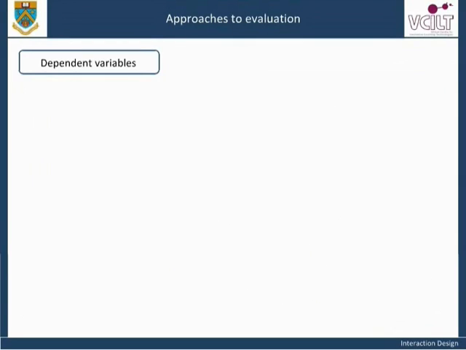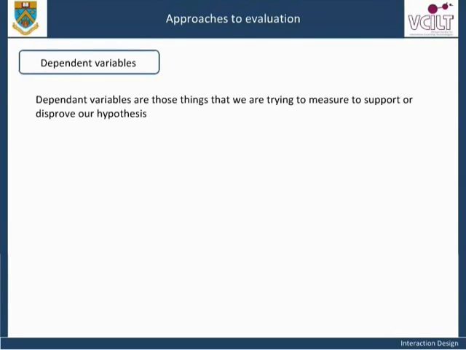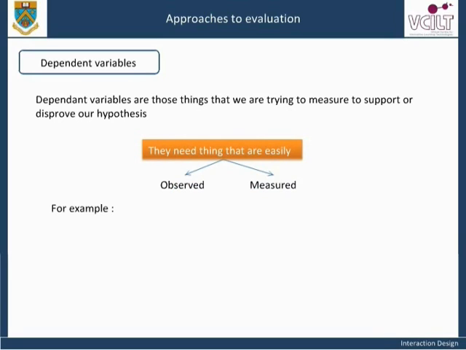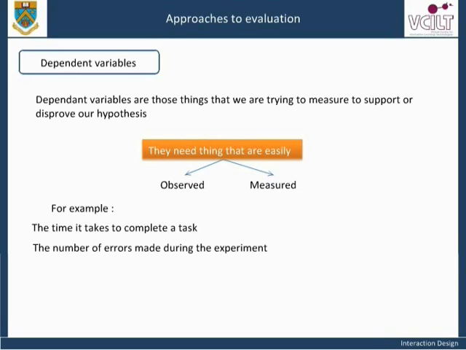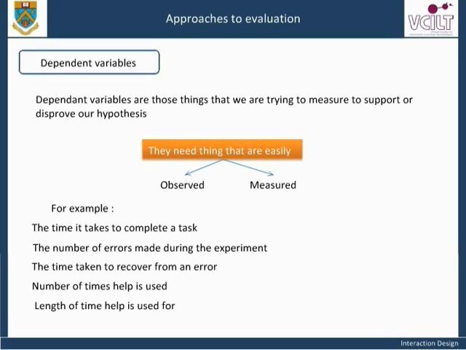Dependent variables. Dependent variables are those things that we are trying to measure to support or disprove our hypothesis. Therefore, they need to be things that are easily observed and measured, for example, the time it takes to complete a task, the number of errors made during the experiment, the time taken to recover from an error, number of times help is used, length of time help is used for, time spent before response is formulated.